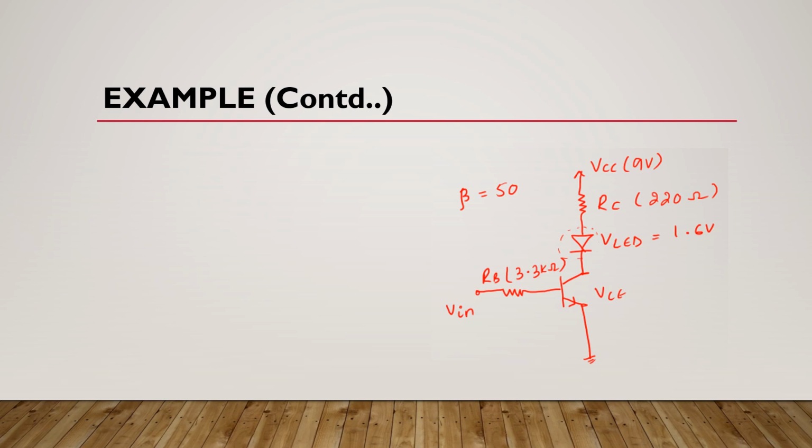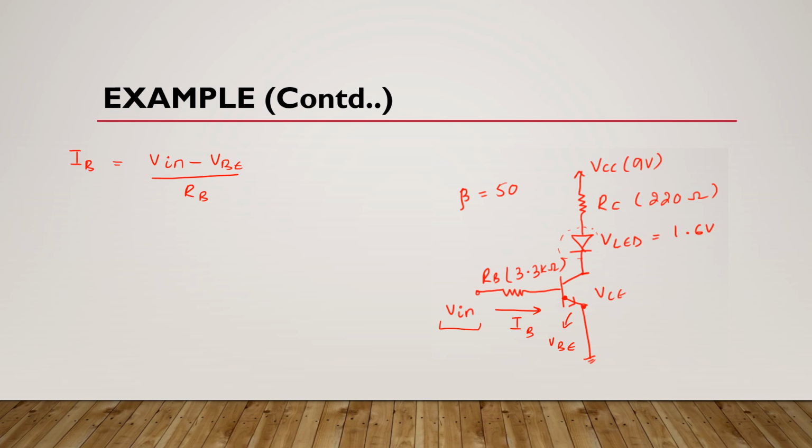Now we will find the value of this input voltage, which is necessary to make sure that this transistor saturates. Here we know that base current IB flows in this direction, and this is base emitter region where voltage drop will be VBE. It means here the formula of base current will be Vin minus VBE divided by RB.